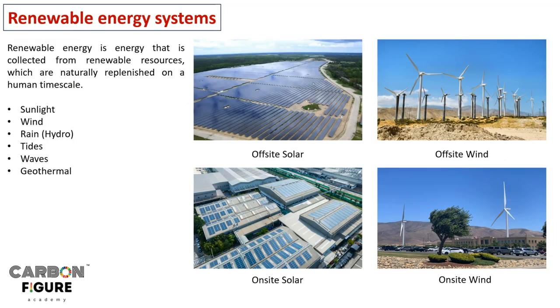So then we have renewable energy systems. That's the wind up for lightings. So in renewable energy systems, we have different options like sunlight, wind, rain, which means hydropower, tides, waves, geothermal, right? So surprisingly, within the Indian geographical context, we have access to all these renewable options, but how much we can take out for actual usage varies, right?